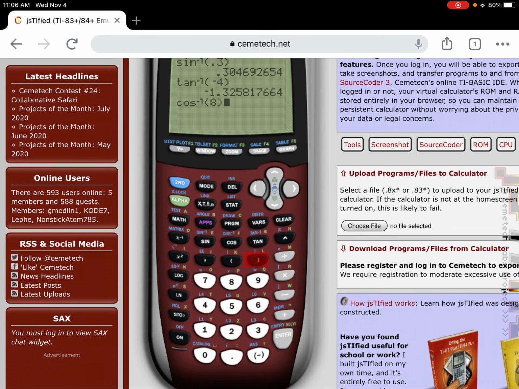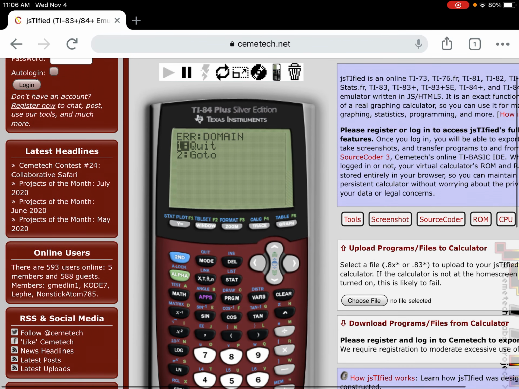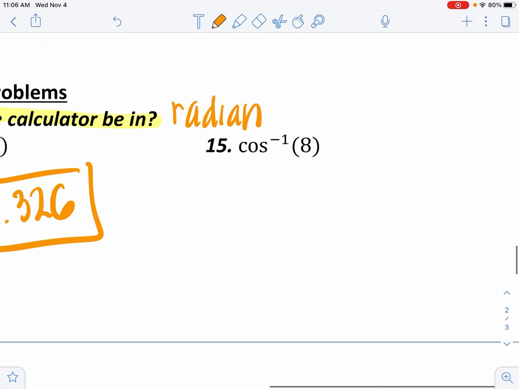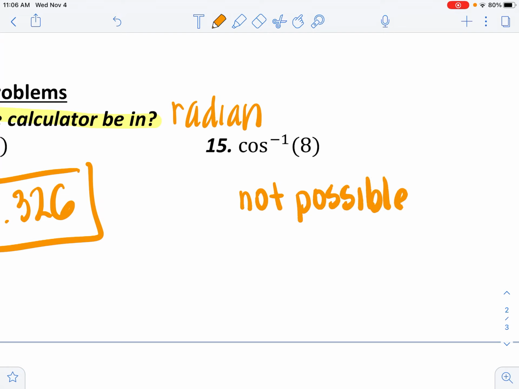All right, last one, cosine inverse of 8. Go back to my calculator. Cosine inverse of 8, close parentheses, hit enter, and I get an error. It actually tells me what kind of error: domain. Domain, remember, is your input. It's saying there's an error on your input. So please don't put just error here. We're going to say that this is not possible.